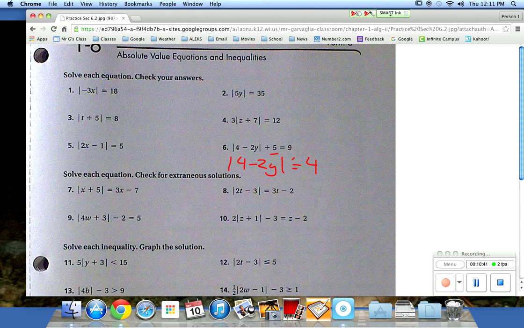And then I'd work on it from there. This one here, what's the first thing I'd do here? Get rid of that 3. Divide both sides by 3. And I'd work with z plus 7 equals 4 and work with it like that. All right? You guys can do that? Any questions on this? All right.